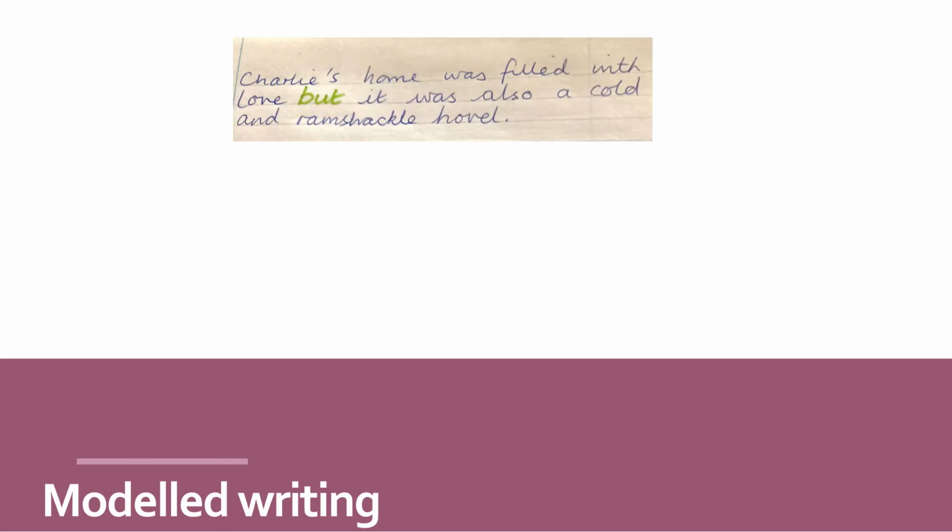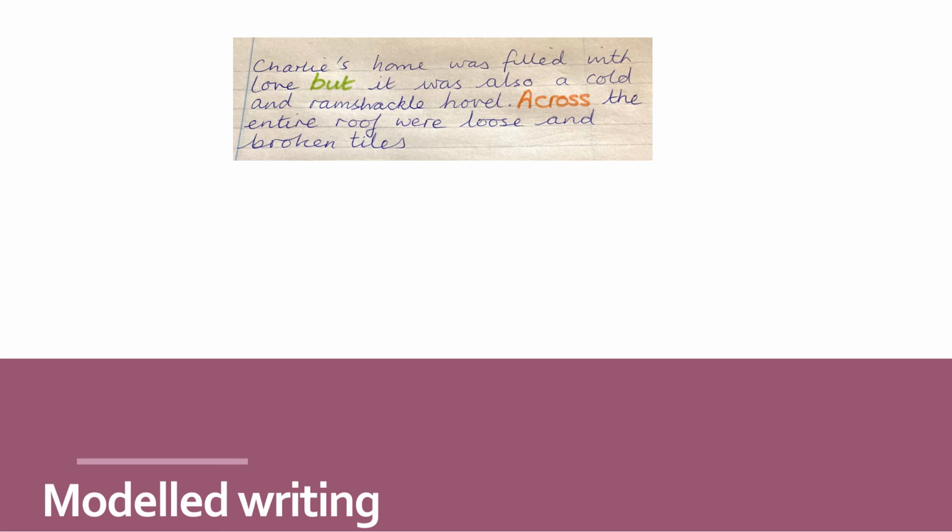It is just the state of the home. So I thought it was really important to start with this. But it was also a cold and ramshackle hovel. So we've got but, our conjunction to add detail, and then the words ramshackle and cold to describe it. And I've also used the word hovel because I think it is an improvement. It really clearly states what the house is like. Hovel sounds like a much more rundown place.